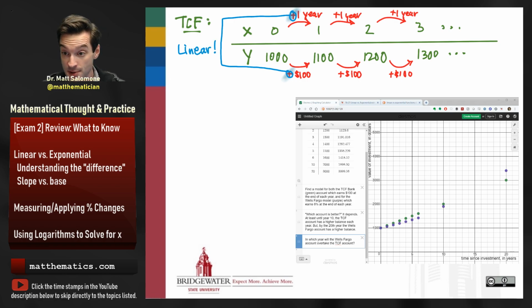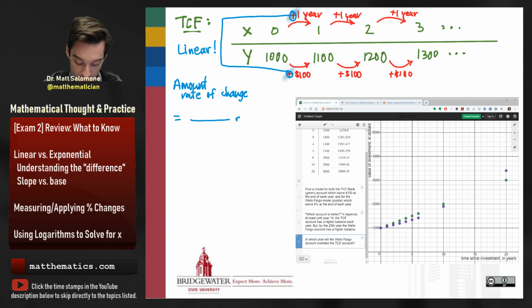So linear relationships are characterized by having consistent amount rates of change, amounts rate of increase or amount rates of decrease. And we can quantify that amount rate of change as a ratio. That amount rate of change is always the ratio, and when we say ratio, we mean division, right? Ratio of the change in my y value, which in this case is my $100.